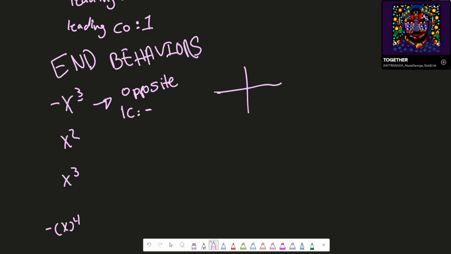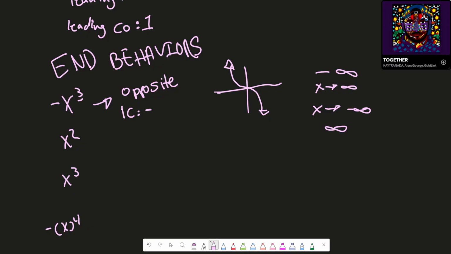So here, if we actually were to graph the equation, here's the graph, and here's the equation. We see that the graph forever goes to negative infinity as x approaches positive infinity. And then as x approaches negative infinity, the y value approaches positive infinity.